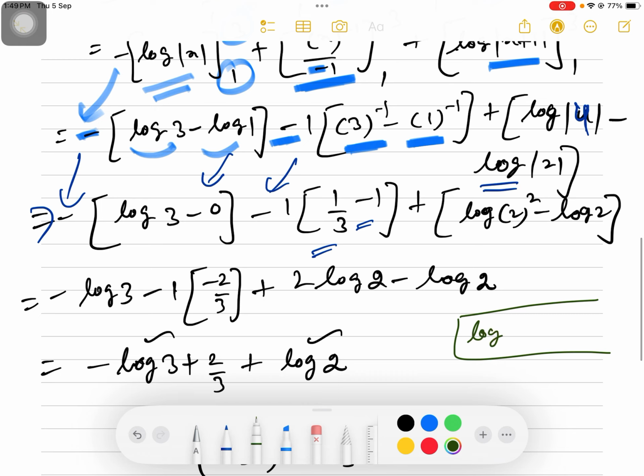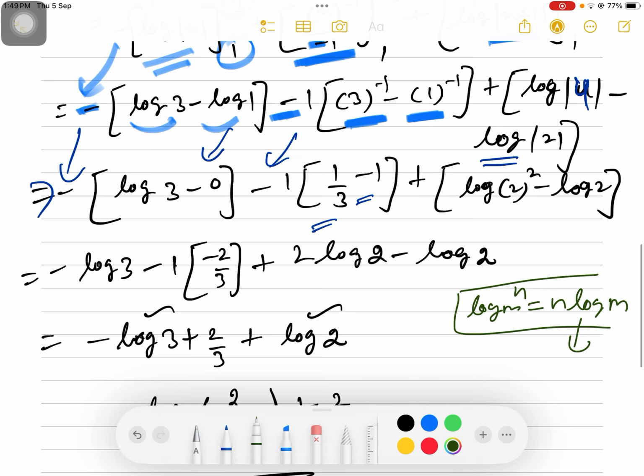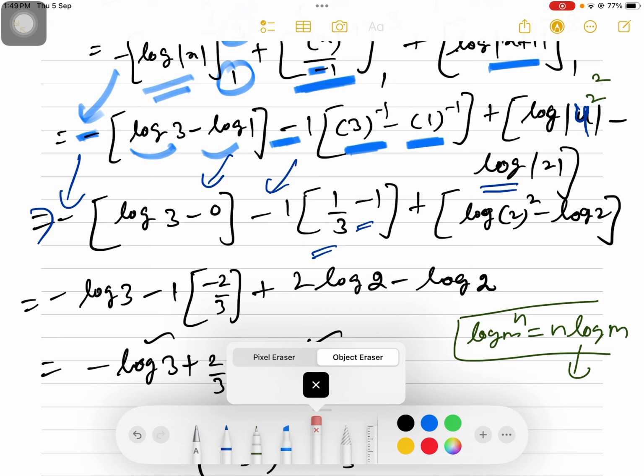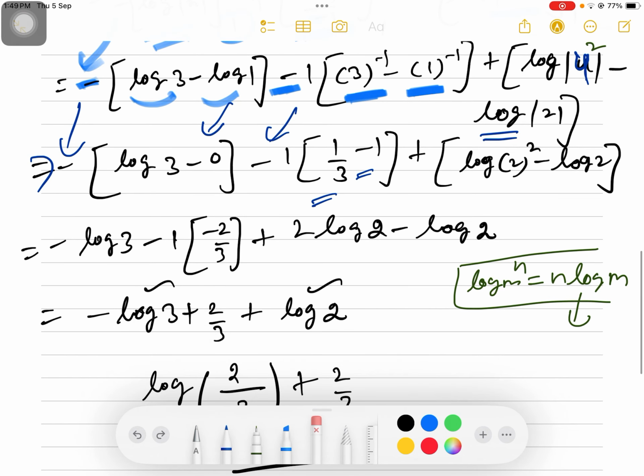In logarithms we have one property: log m power n can be written as n log m, and if we have n log m, then we can write it as log m power n. So that's what I wrote. This 4, first I wrote as 2 power 2, minus log 2. So the property I have not applied here, I just wrote 4 in terms of 2 power 2 only. In the next step I will apply that property.